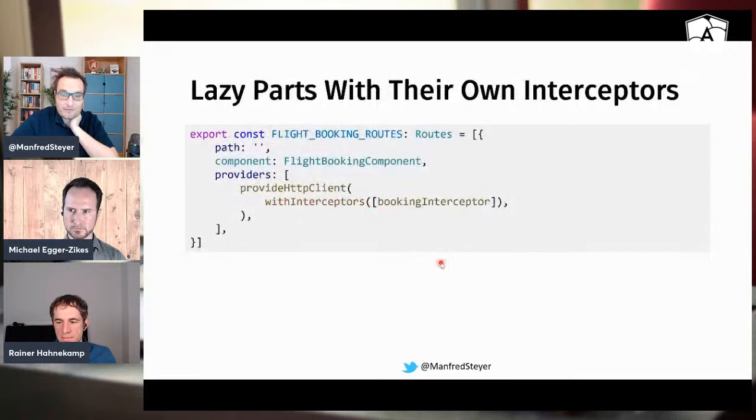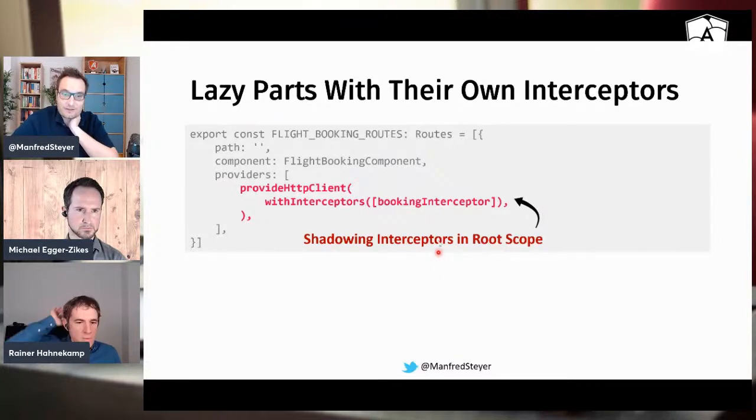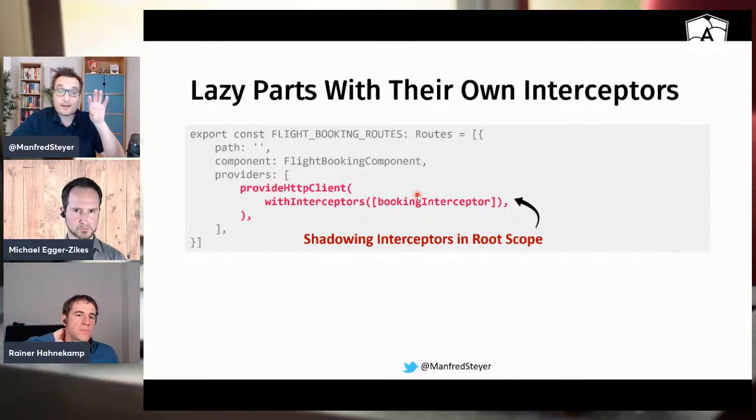Normally, when you did this, those interceptors in the lazy part of your application have been shadowing the interceptors in the root scope. Some people thought this was a bug. There are a lot of discussions out there at Stack Overflow and at GitHub when it comes to Angular issues, but it was really as intended.